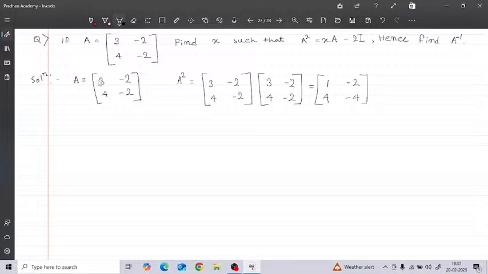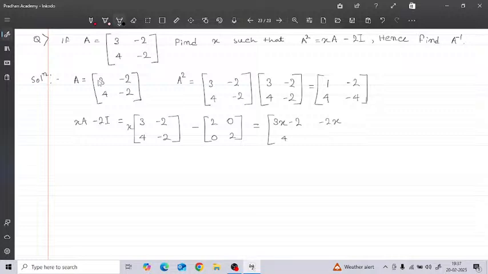Now three x minus 2, minus 2x, 4x, minus 2x, minus 2x.